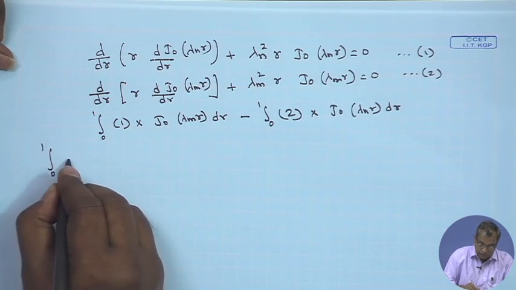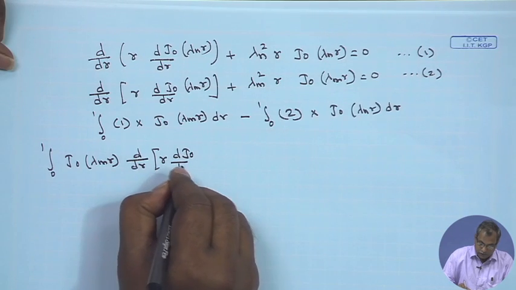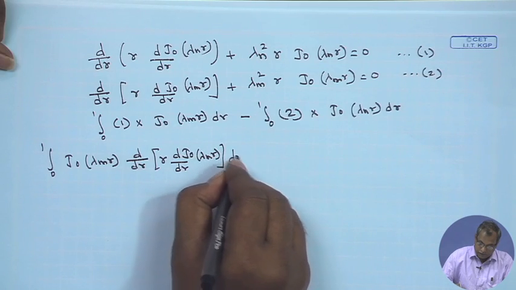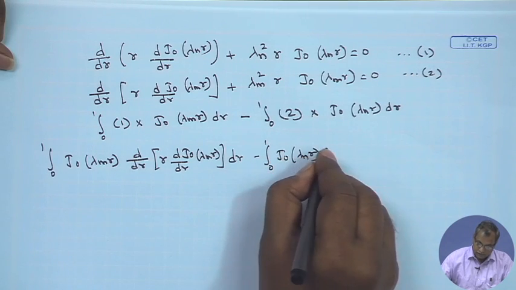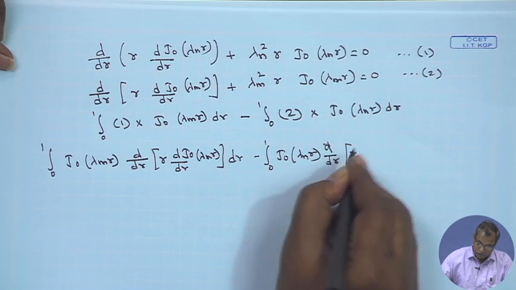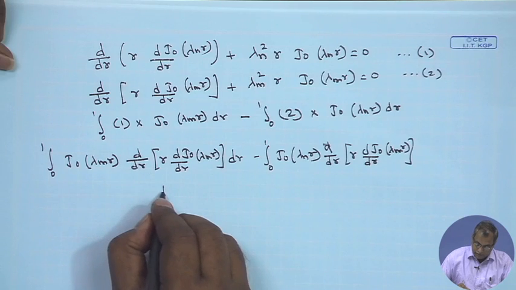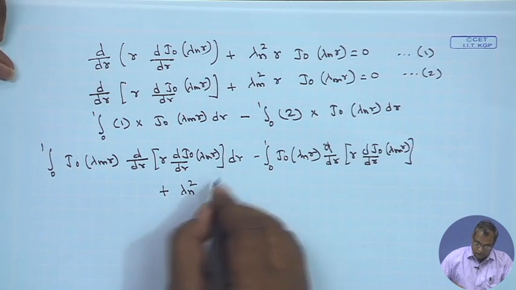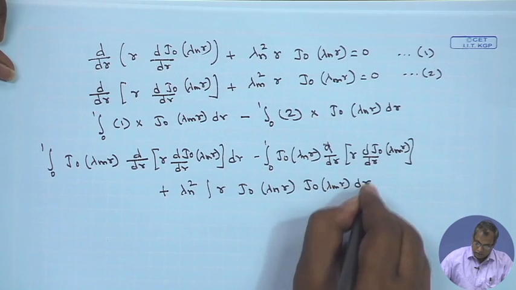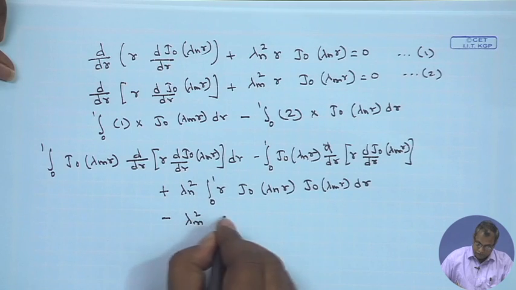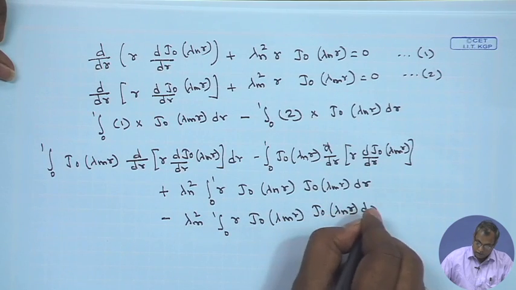It will be the integral from 0 to 1 of J0 lambda m r d dr of r d J0 dr lambda n r dr, minus the integral from 0 to 1 of J0 lambda n r d dr of r d J0 dr lambda m r, then plus lambda n square times the integral from 0 to 1 of r J0 lambda n r J0 lambda m r dr, minus lambda m square times the integral from 0 to 1 of r J0 lambda m r J0 lambda n r dr is equal to 0.